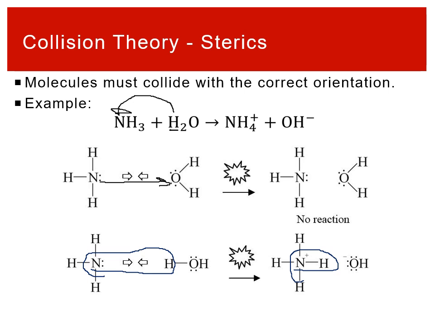So this is the idea that the molecules not only need to collide, but they need to collide successfully. These sterics have to be maintained. They have to collide in an orientation that is conducive to the actual reaction that you care about happening. In this case, forming a new nitrogen-hydrogen bond.